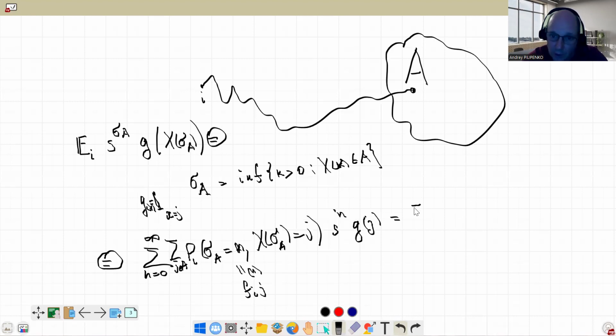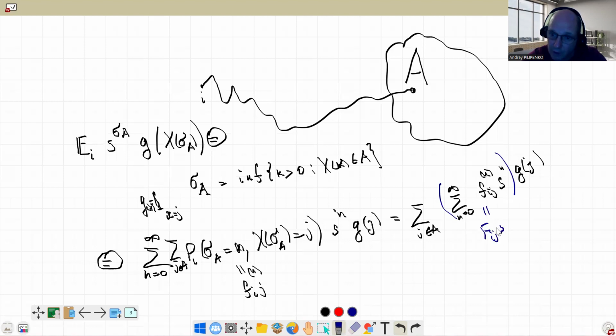So this sum is equal to the sum over J, sum over n, F I J n, s to the power n, G of J. And observe that G is independent of n, and this is our generating function, Fij of s. So the answer is the sum over J, Fij of s, G of J. You can think about this as follows.